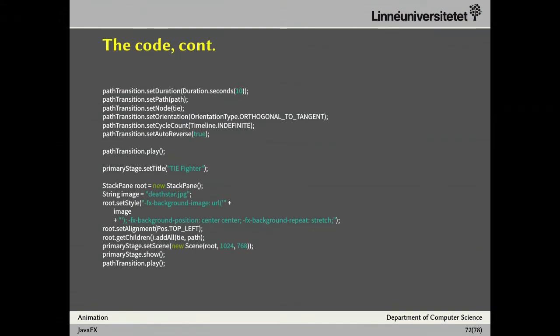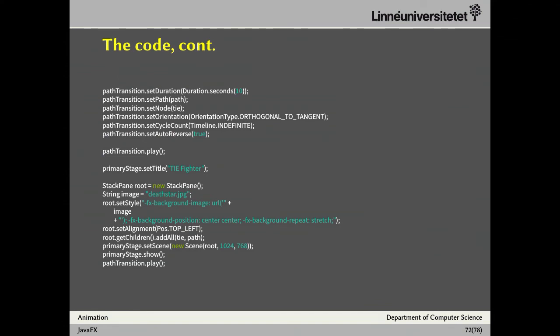We set a duration, we set the path to the transition, which is this one that we've decided, and the node, which is the image. And for the orientation, I say orientation type orthogonal to tangent, which means that it will actually rotate the object so that it follows the animation.